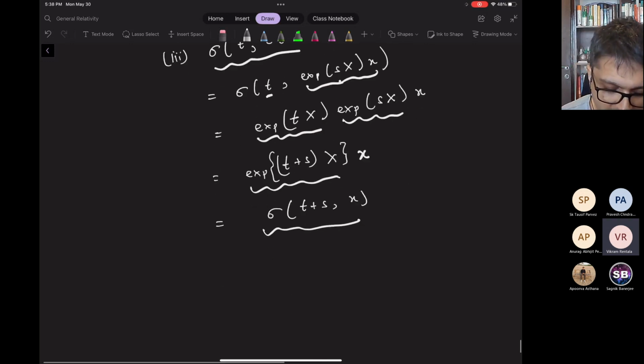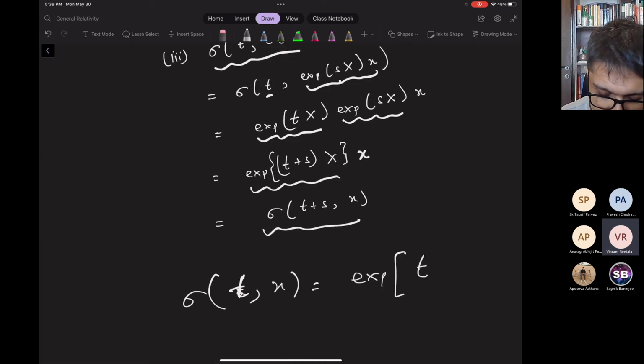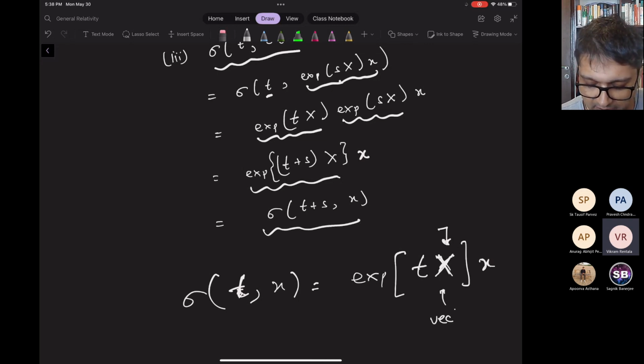So the important point is that sigma can be thought of as an exponential operation by an amount t, with the operation X acting on the point x, and this capital X is the vector field generating displacements in small x.